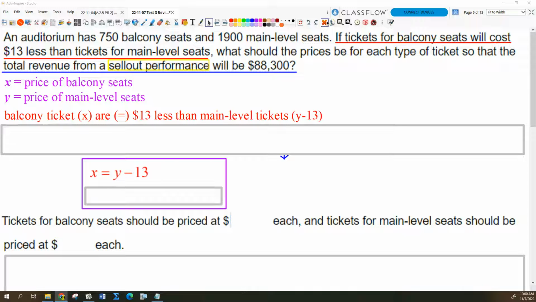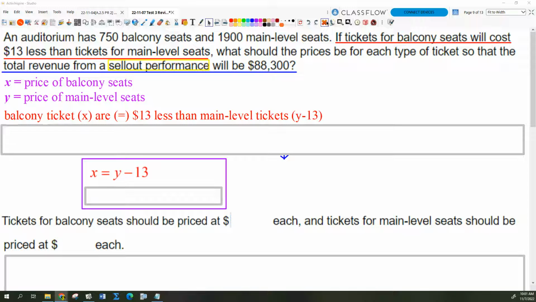Okay. Ben, how about the next one? This is maybe a little bit trickier. If the revenue from a sellout performance is 88,300, how could I do that? What's that going to be? Okay, so now let's look back at this for a second.